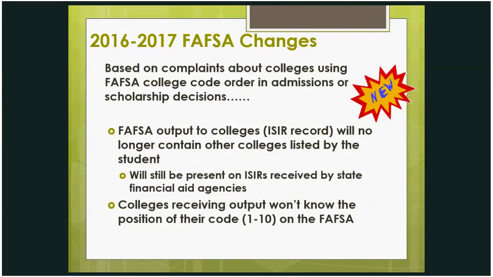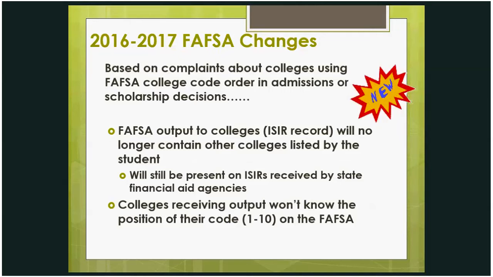One of the things coming up on the FAFSA is the school codes that a student lists. There are up to 10 spots where you can list colleges to have your output from the FAFSA sent to. It used to be that students would list them in the order of how likely they were to go to that college, and that's still true. But now when the colleges get the output, they will not see other colleges.